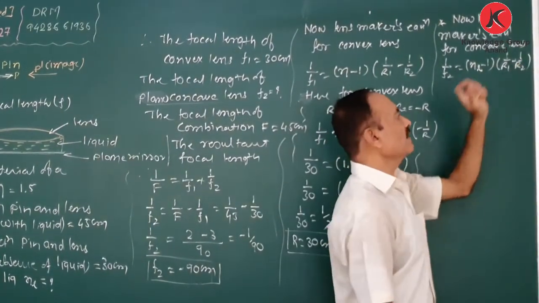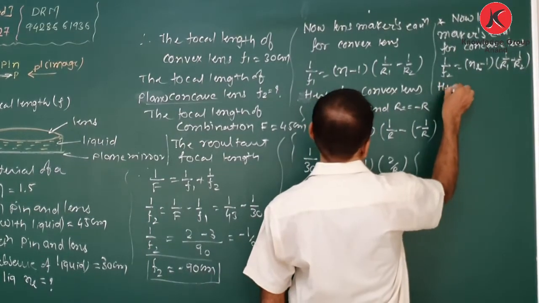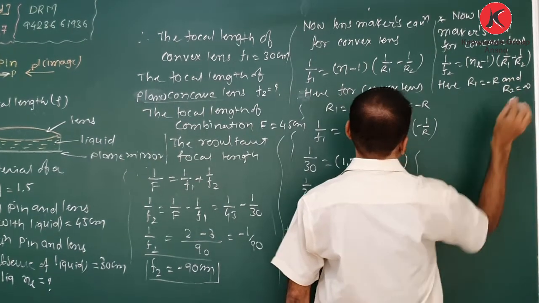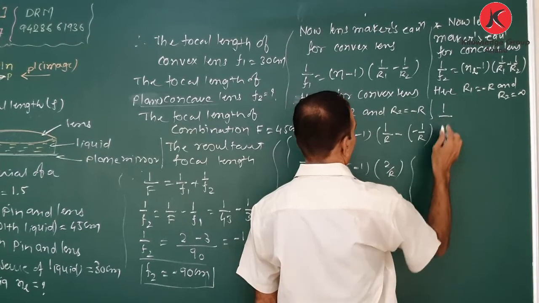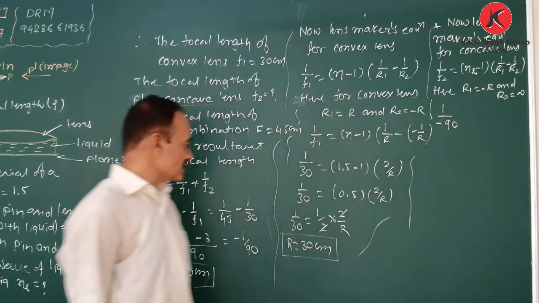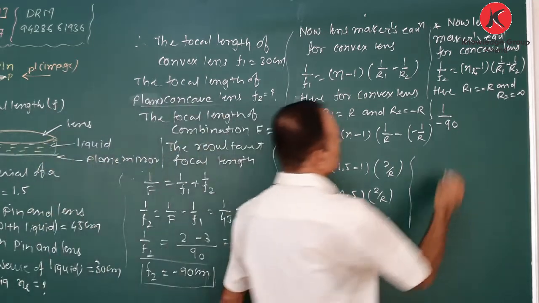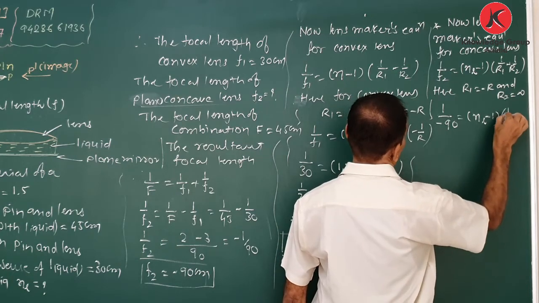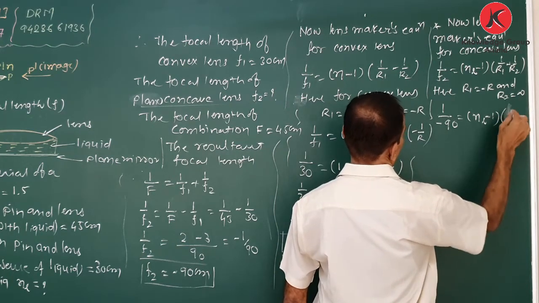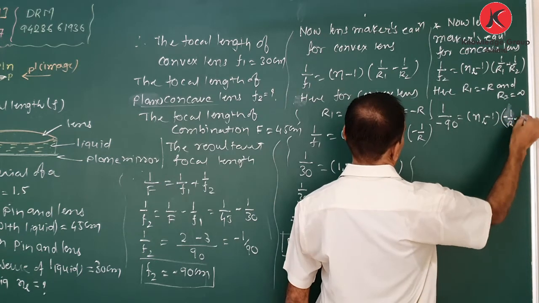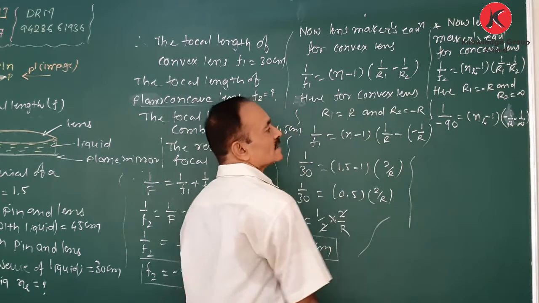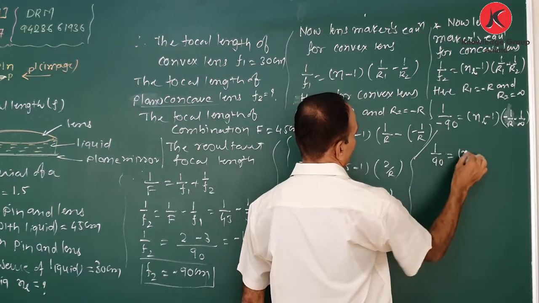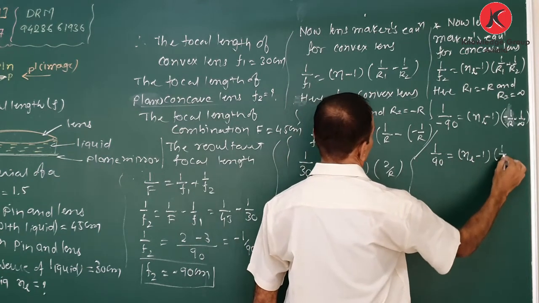R1 is equal to minus R and R2 is equal to infinite. Therefore, 1 upon minus 90, because the F2 we already obtained is minus 90, is equal to (NL minus 1) into (minus 1 upon R minus 1 upon infinite). So the minus cancels. Therefore, 1 upon 90 is equal to (NL minus 1) into 1 upon R.